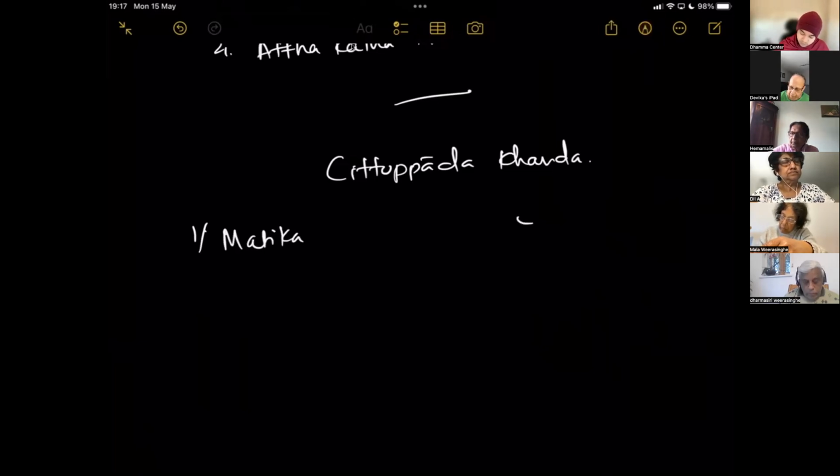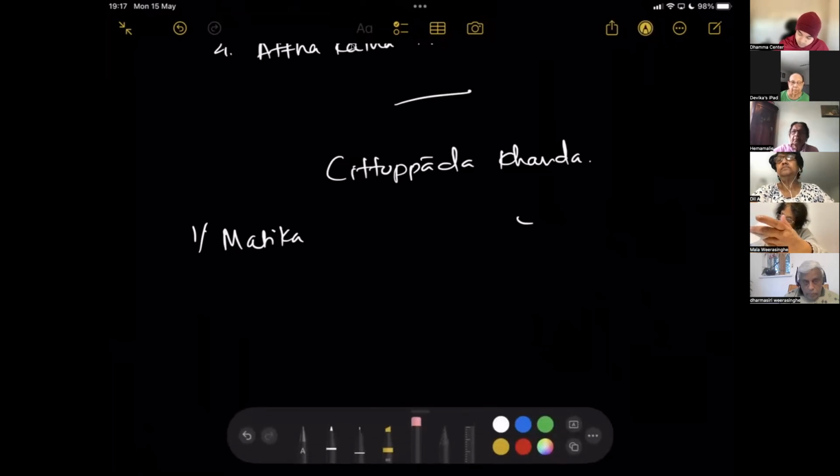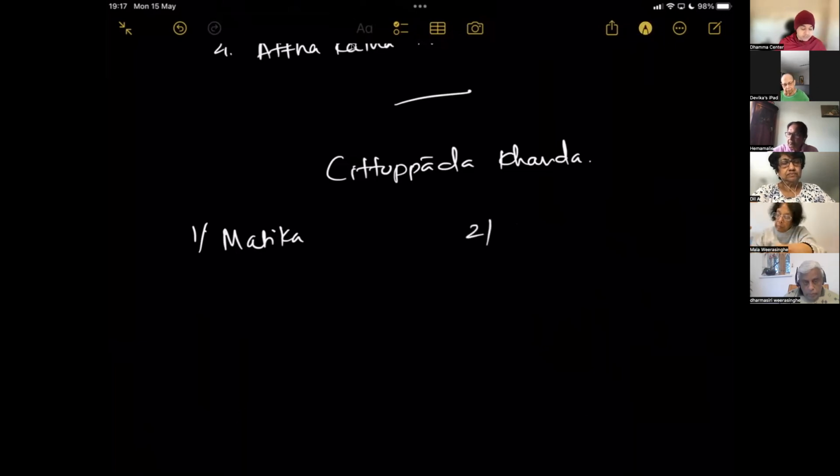Two, Padabhajaniya. Matika and Padabhajaniya. Now, the Matika has 22 parts.